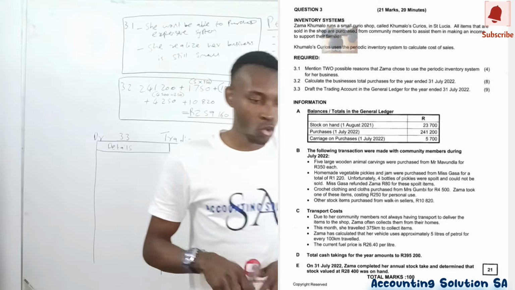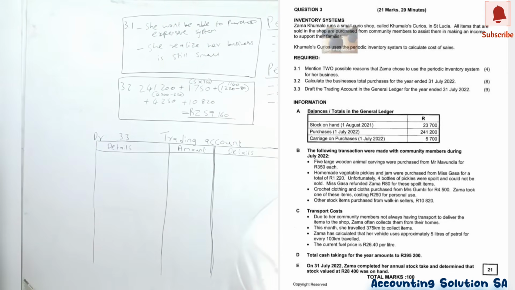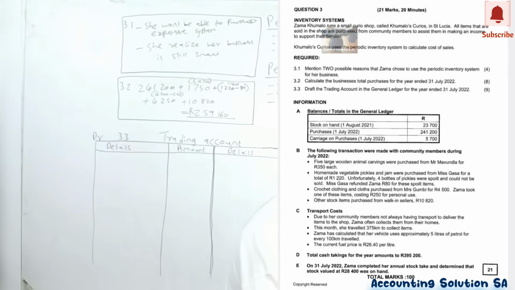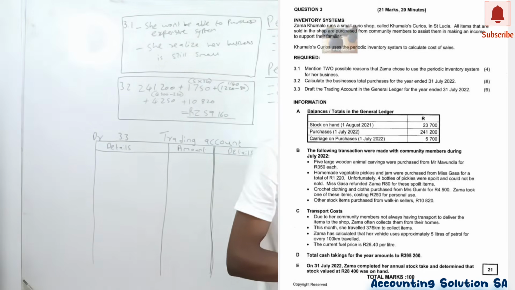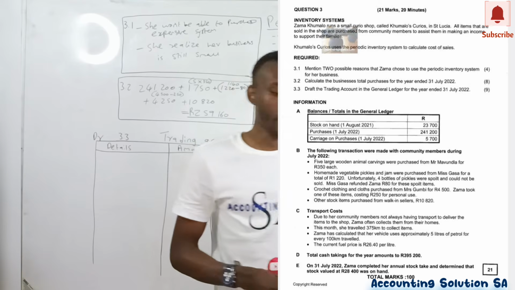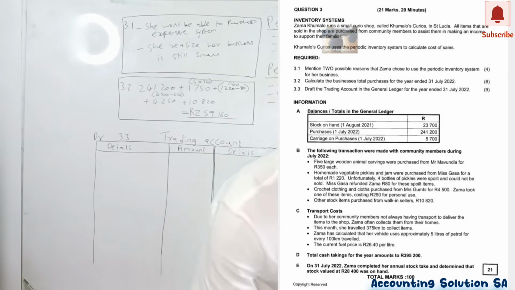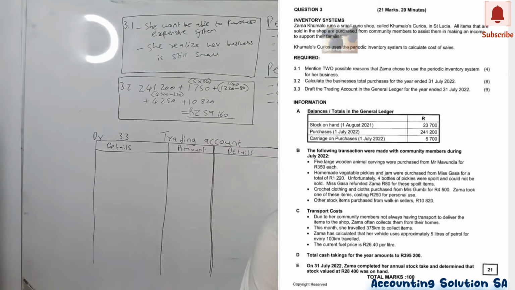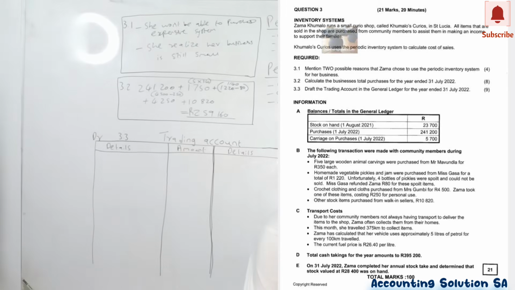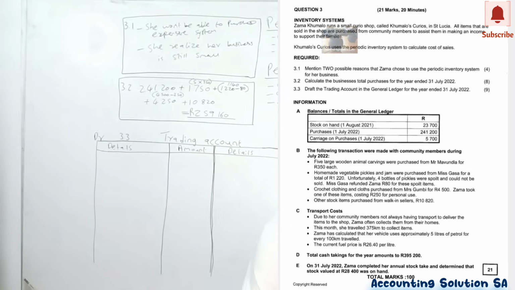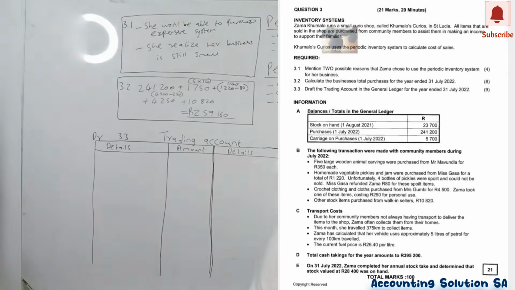All right. So now, because we got our purchase, we can go back to question 3.3. Okay, because we are done with 3.2. Draft the trading account in the general ledger for the year ended 31 July 2022, 9 marks.